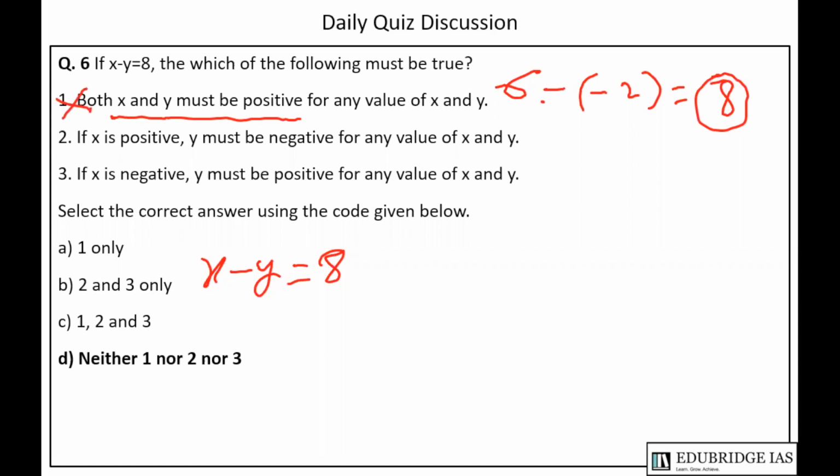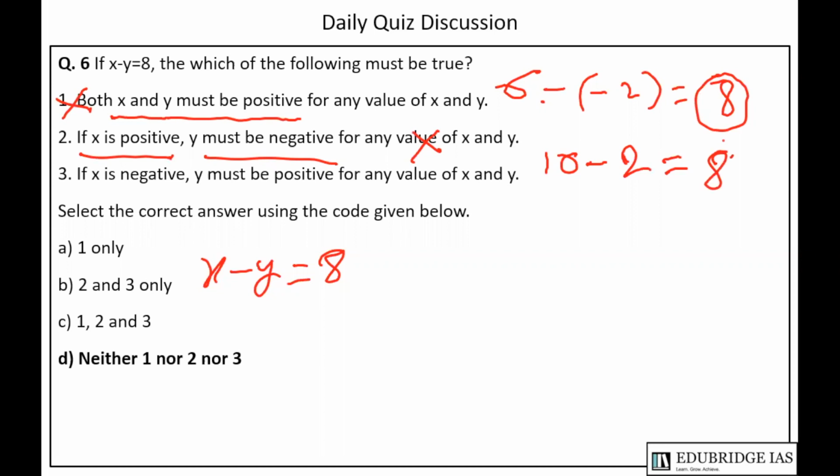The second statement says if x is positive, y must be negative. This statement is also wrong, because if x is positive 10 and y is 2, then also we can get 8.